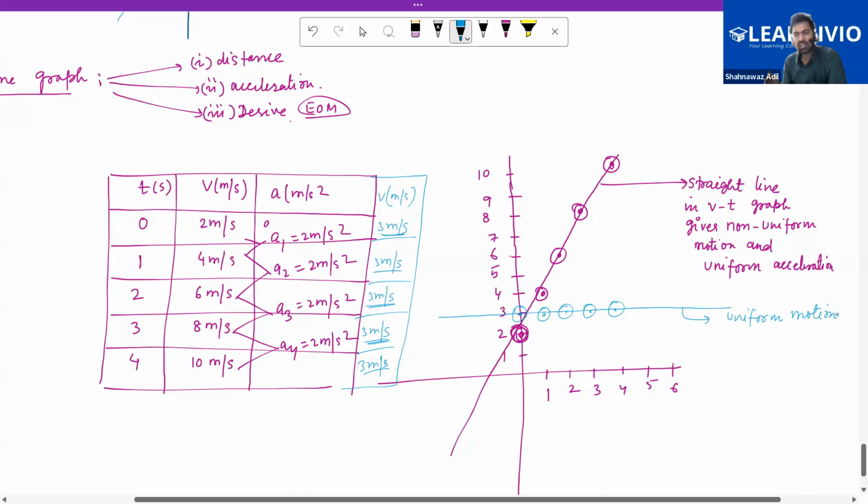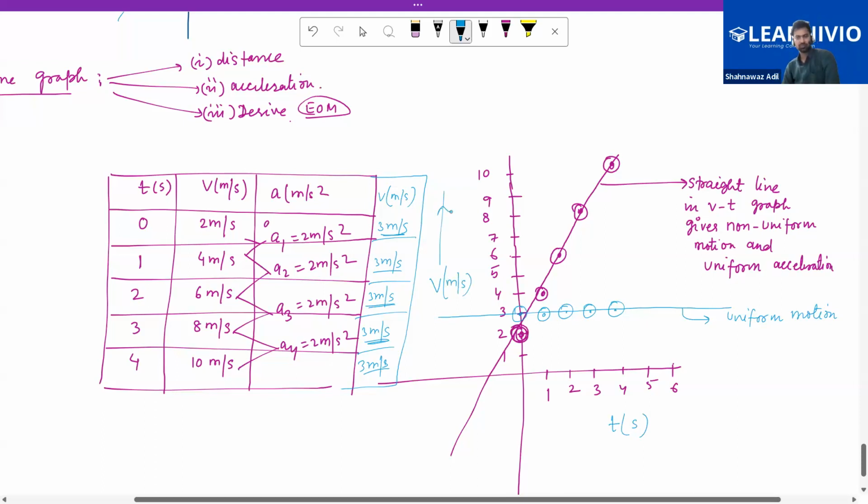So you see that the meaning changes. The same thing is different in VT graph. If you have a parallel line in XT graph, that represents rest. If we have a parallel line in VT graph, that represents uniform motion.